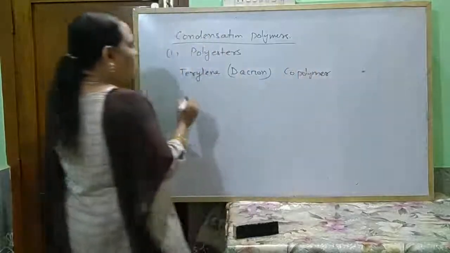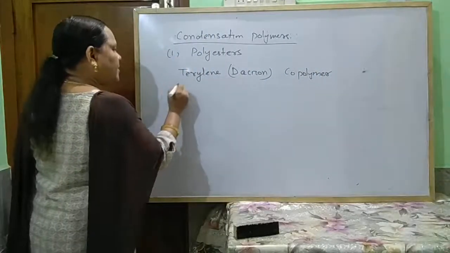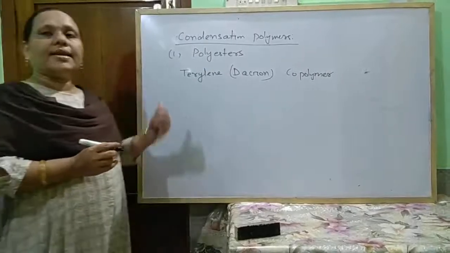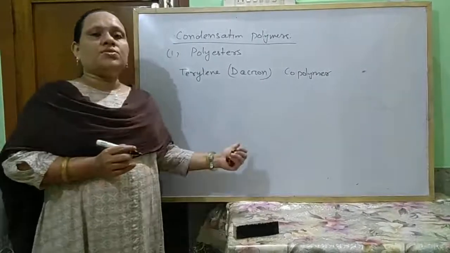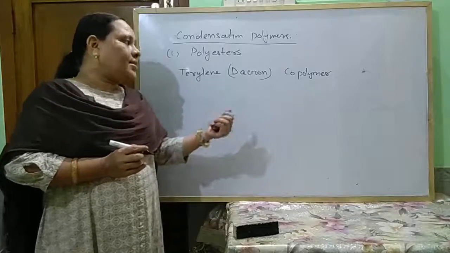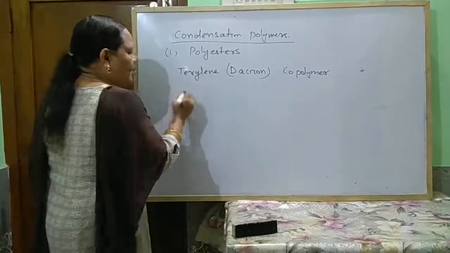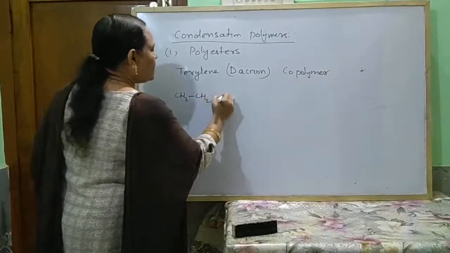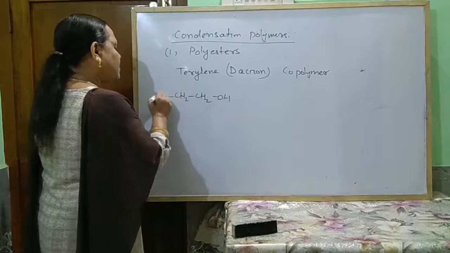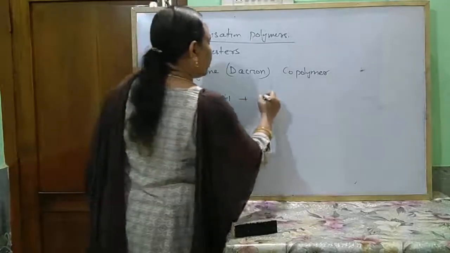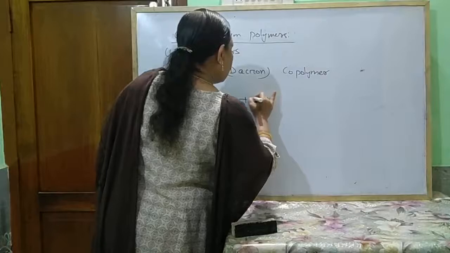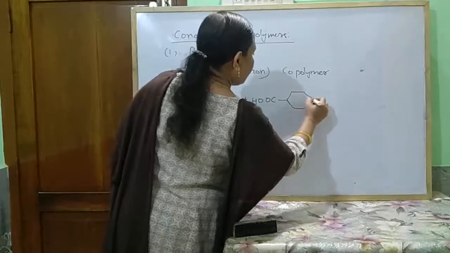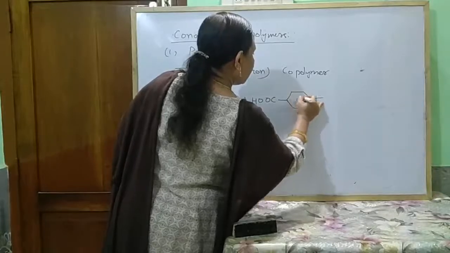This is also a copolymer. So what are the monomer units? Two monomer units. One is ethylene glycol, and another is terephthalic acid. CH2, CH2, OH, and here OH, plus COOH, benzene 1,4-dicarboxylic acid.